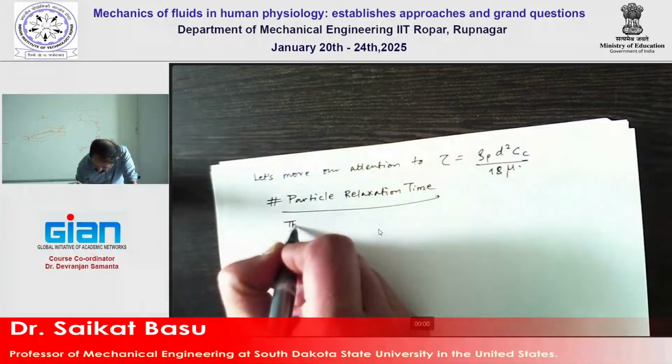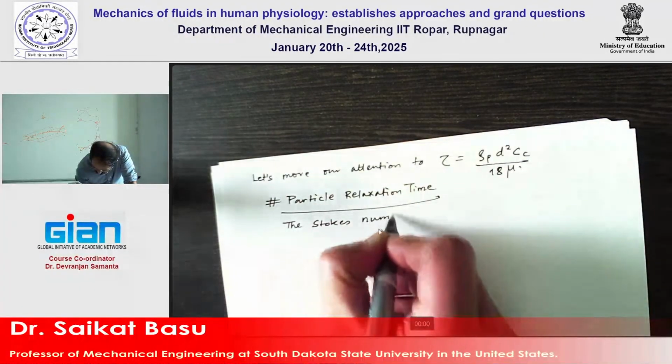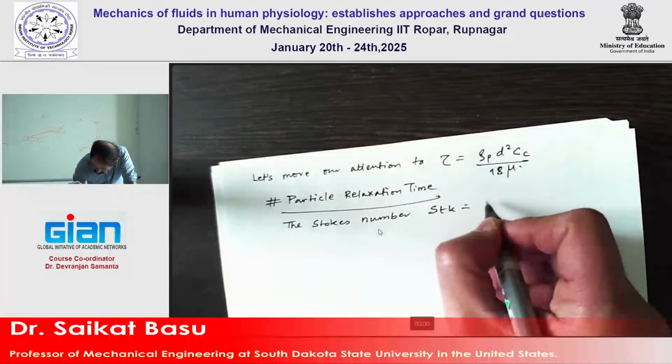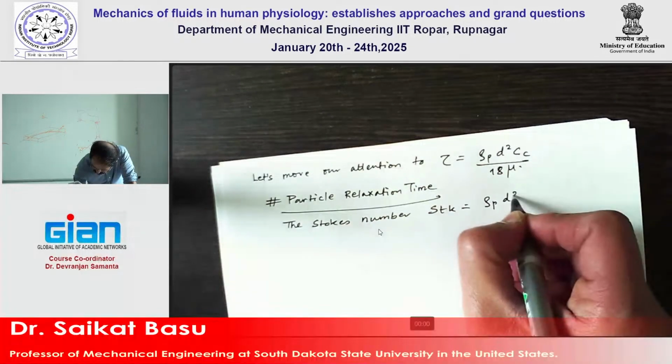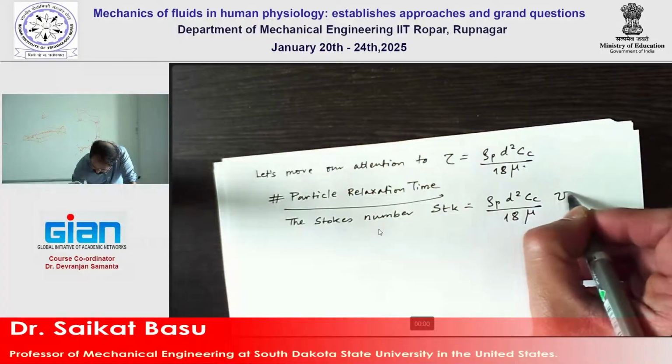So the Stokes number, STK, is rho p d squared Cc over 18 mu, times u naught over d.